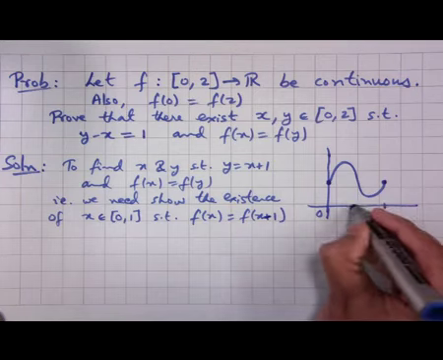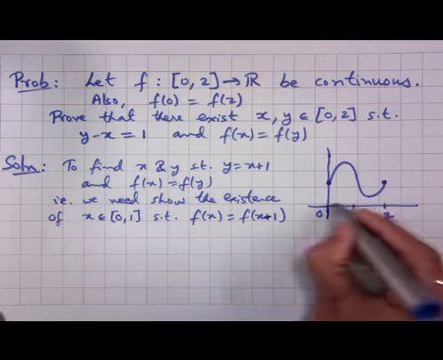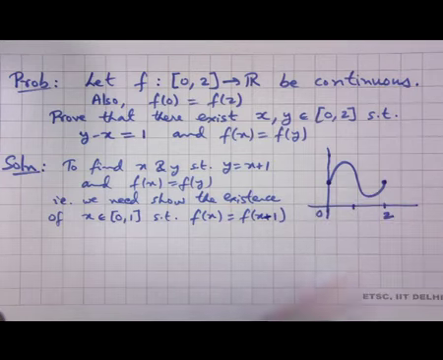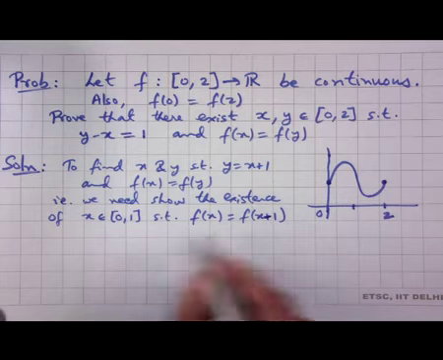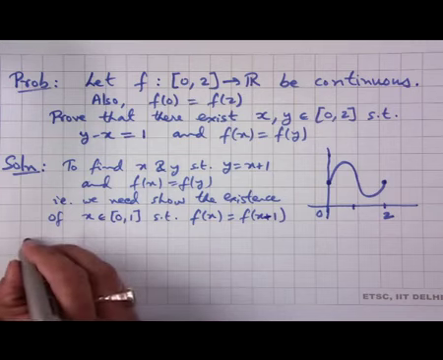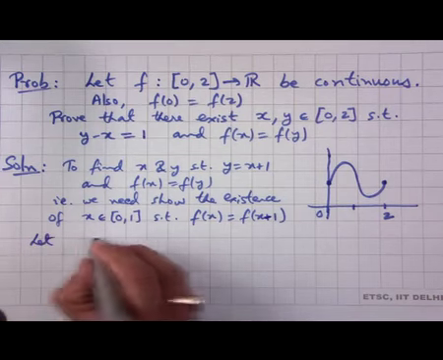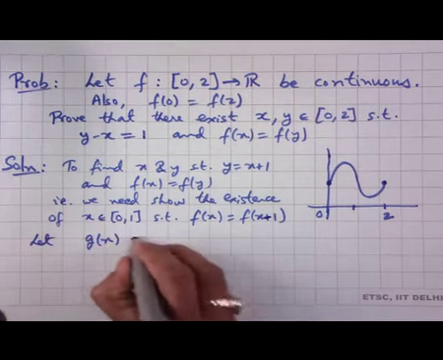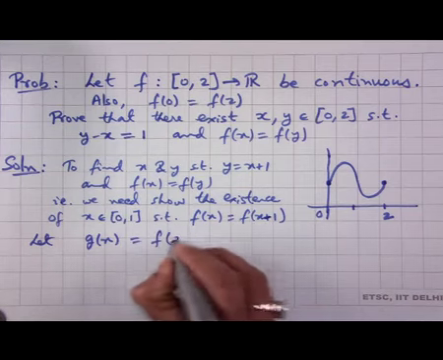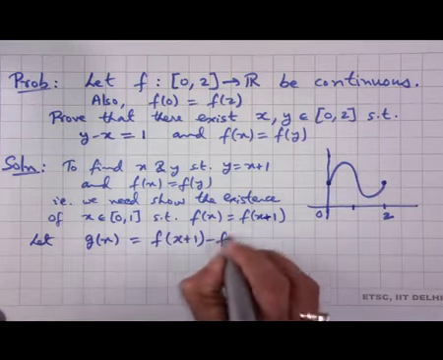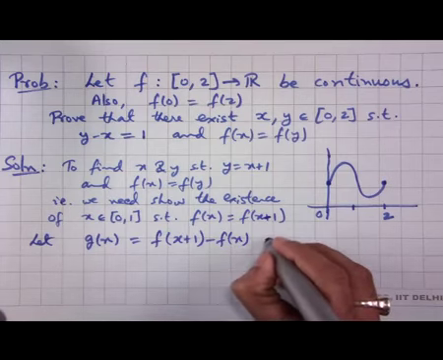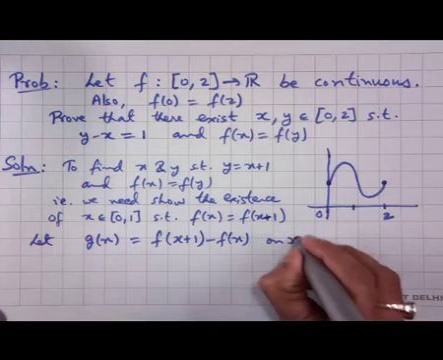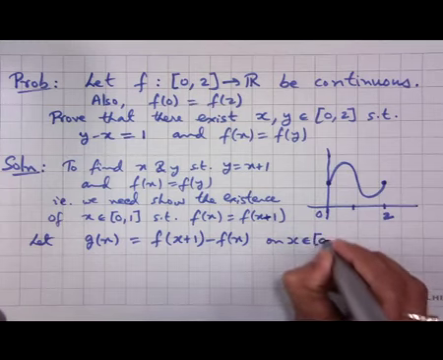So, we look for a point in 0 1 where the value of the function is equal to f of x plus 1. So, this suggests that we let g of x be equal to f of x plus 1 minus f of x, and this function is defined for x belonging to the closed interval 0 1.